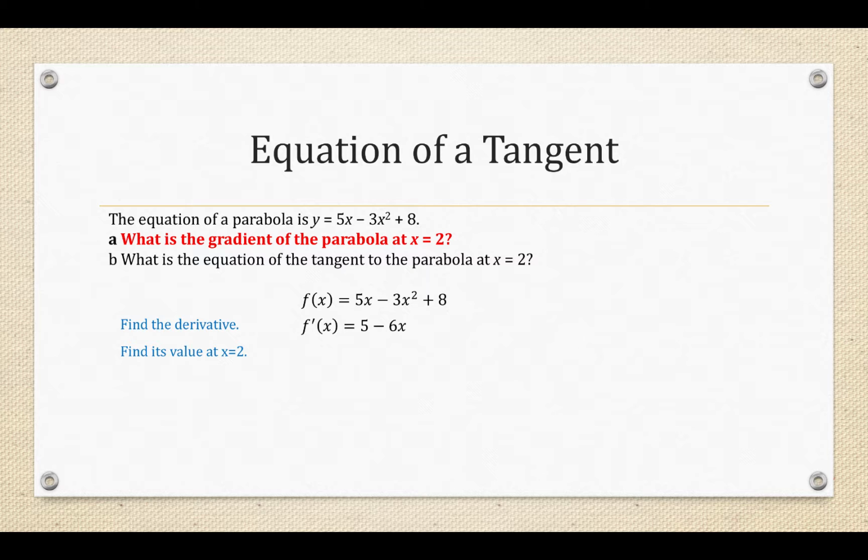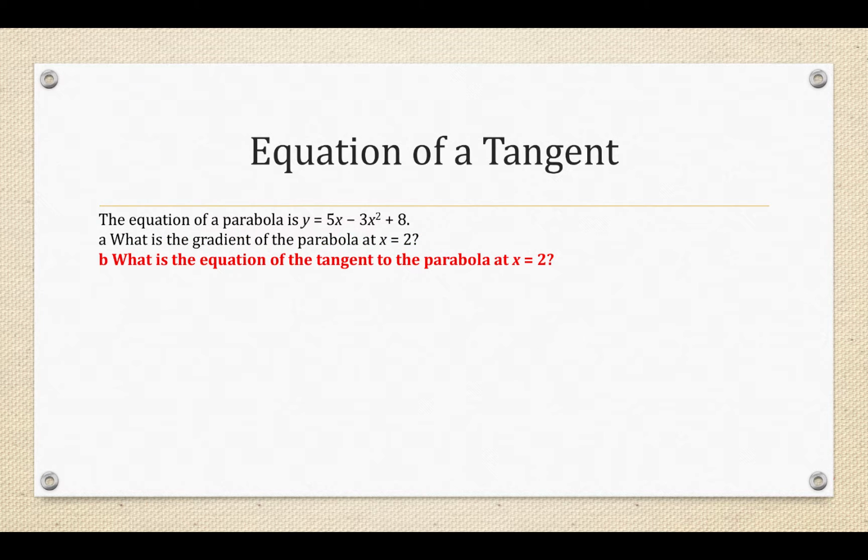So we're going to find the derivative value at x equals 2, which will give us 5 take away 12, or negative 7. So our answer, the gradient of the tangent at x equals 2 is negative 7. And we use our standard representation of that, m, for the gradient.